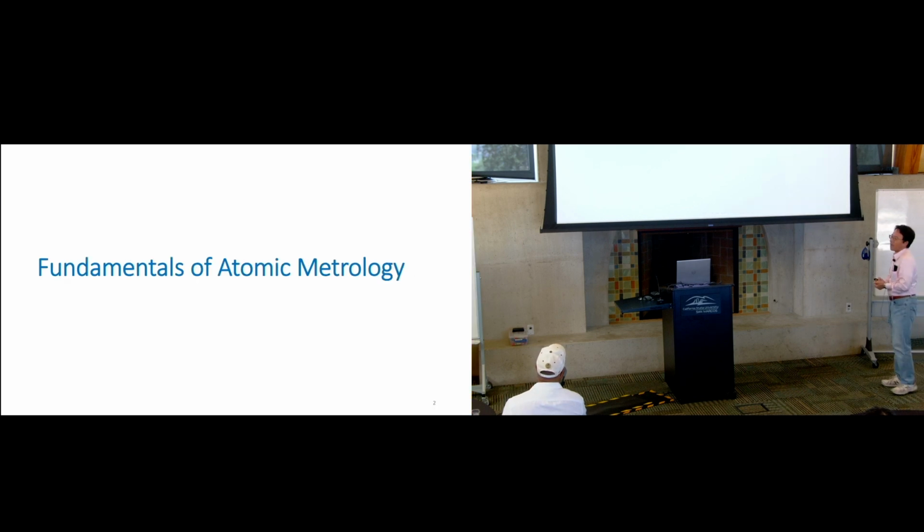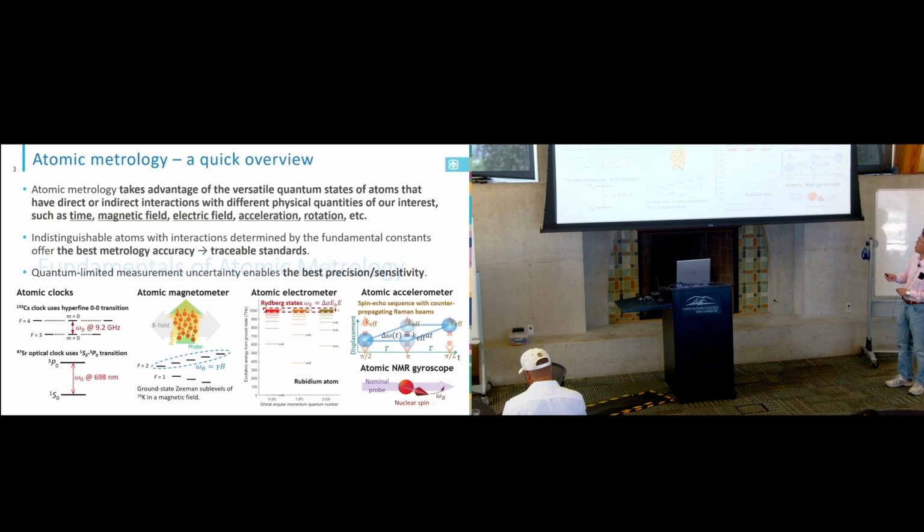Okay, so I will start with the fundamentals of atomic metrology. The main focus will be on using atoms inside the glass cell or the vapor cell. But with that, we have to talk about what atoms can do.